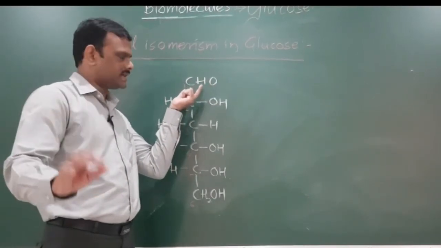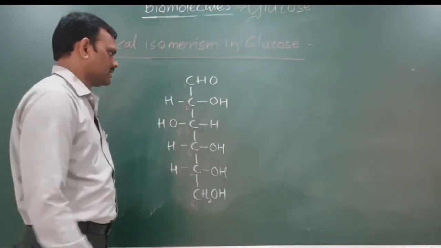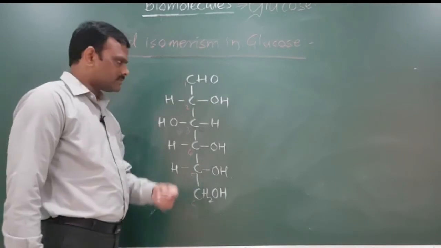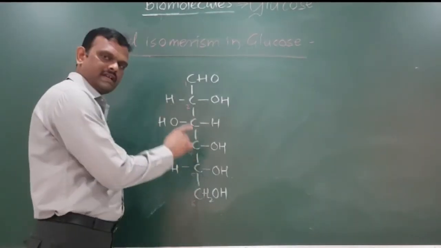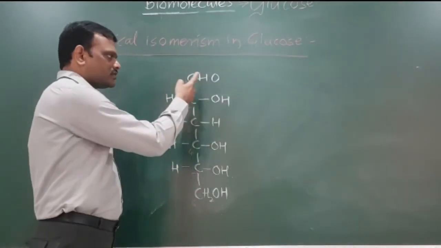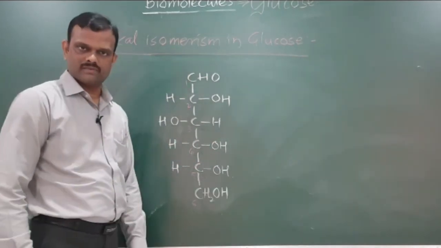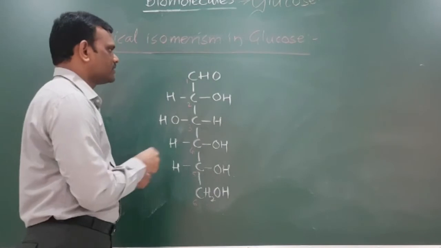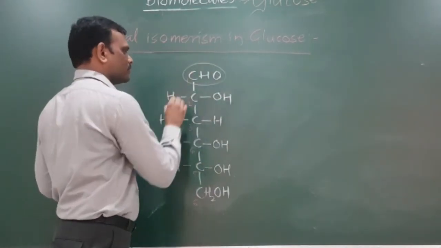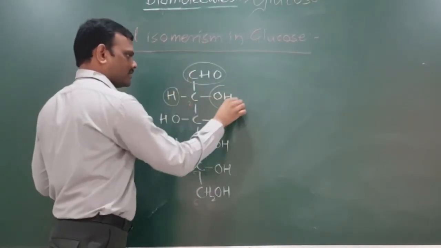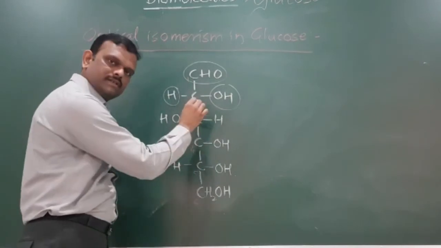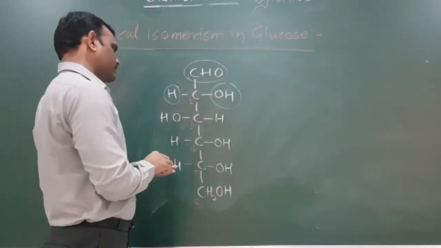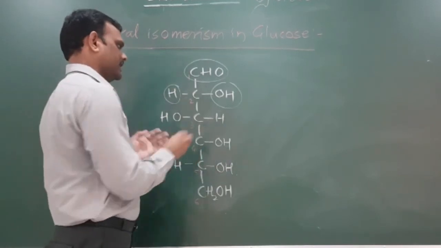Therefore, it is not optically active, or it is not a chiral carbon. But C2, C3, C4 and C5, these 4 carbon atoms are sp3 hybridized, as well as they are attached to 4 different atoms or groups of atoms. Let's check this. If we consider C2, then it is attached to this CHO group, hydrogen, hydroxyl and this whole group. That means the 4 atoms or groups of atoms are different, therefore this is a chiral carbon atom.